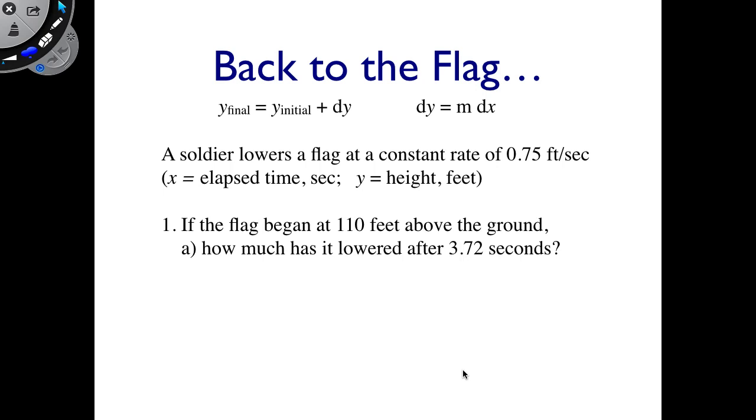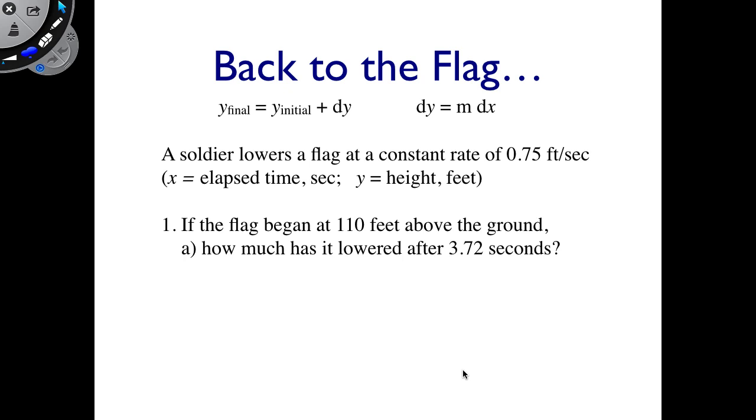Don't worry about getting the number values, but we had this soldier lowering a flag at a constant rate of 0.75 feet per second. If it started at 110 feet above the ground, and I asked how much has it lowered after 3.72 seconds, not a computation, just what is this asking us to find? A value of y or a value of dy? dy.